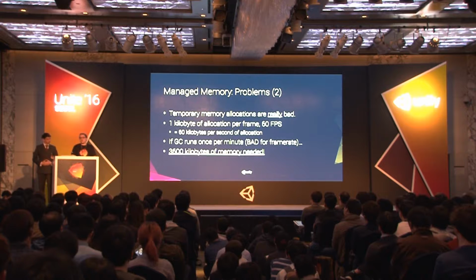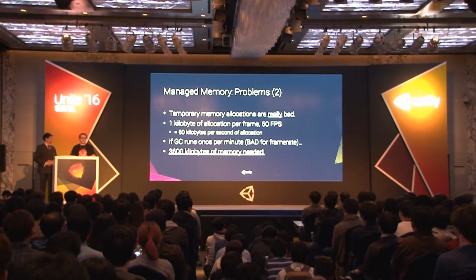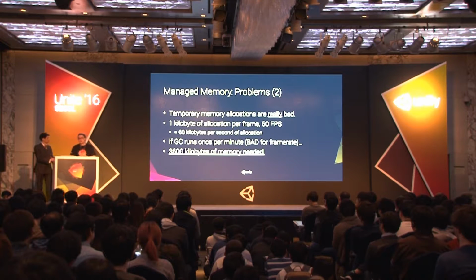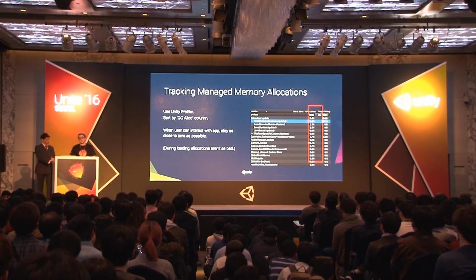So if you're at the point where you've almost run out of space in the managed heap, and then do a larger operation, such as loading, you will be forced to expand the managed heap. All those temporary allocations will be deallocated, and you will be left with huge amounts of unused space in your managed heap. So it's very important to eliminate these managed temporary allocations wherever possible.